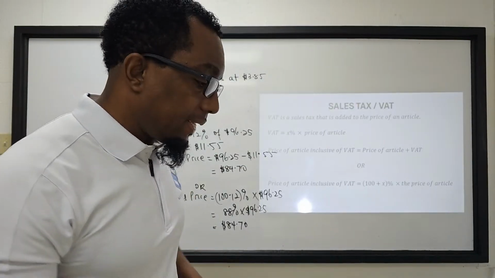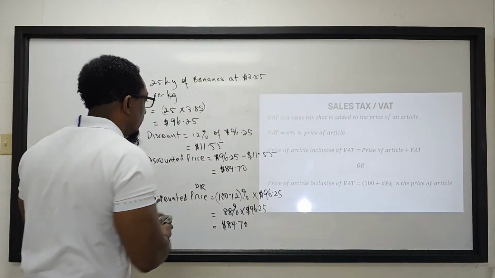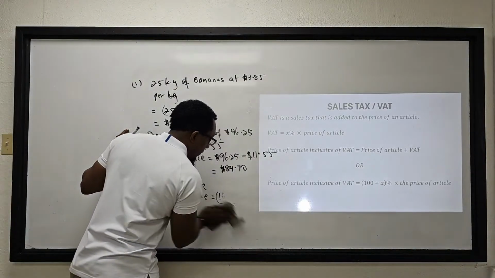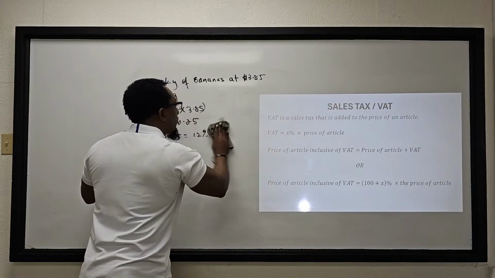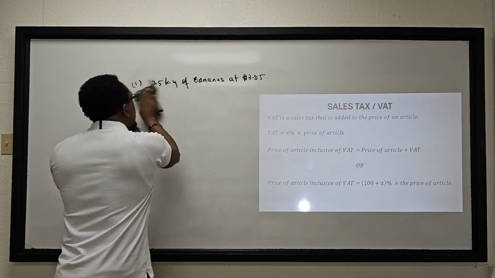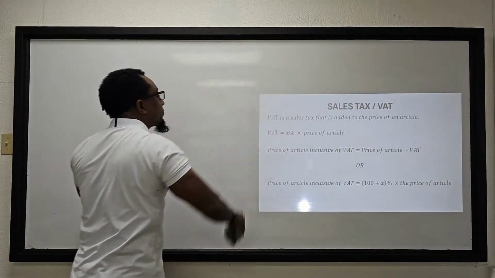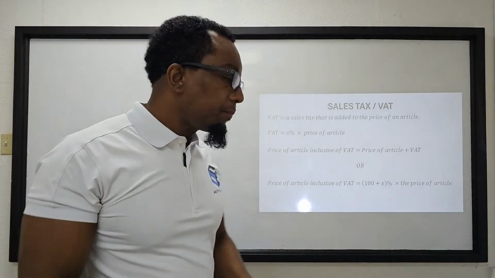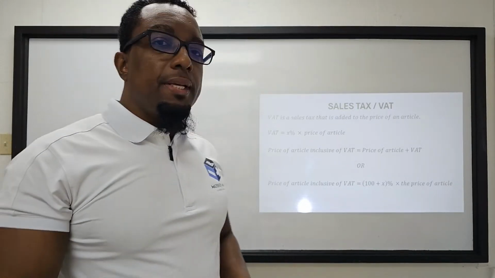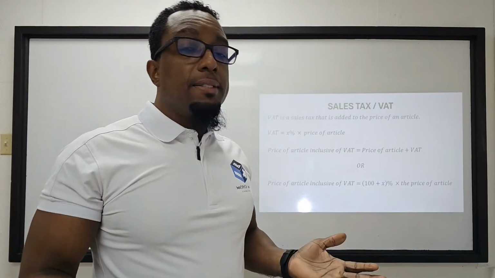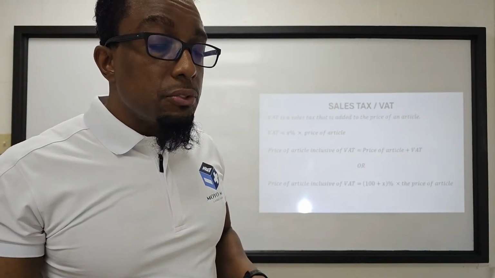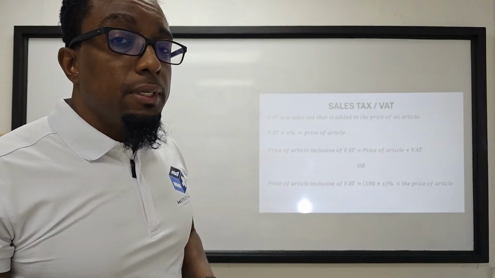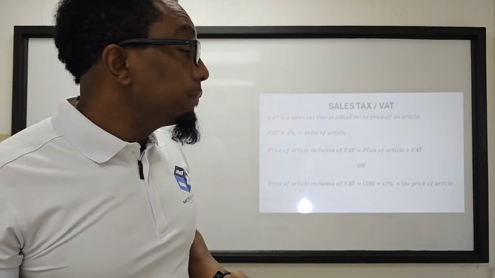So let's look at next, sales tax or VAT. A sales tax is, if you purchase an item in a grocery, obviously a sales tax will be added to the cost of that item.